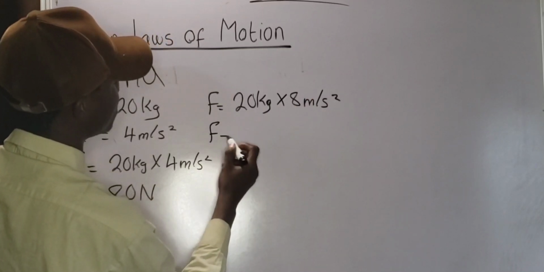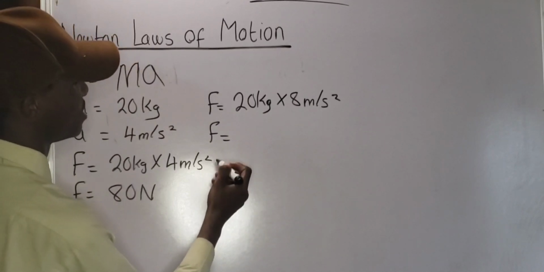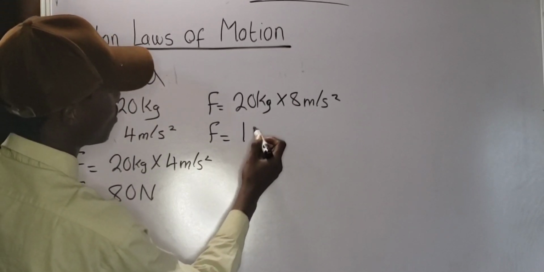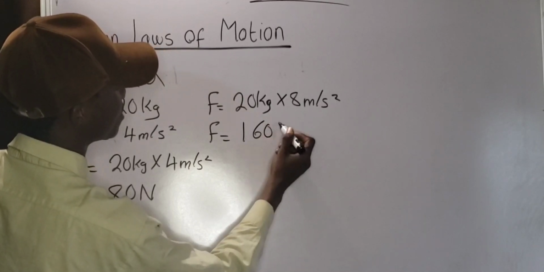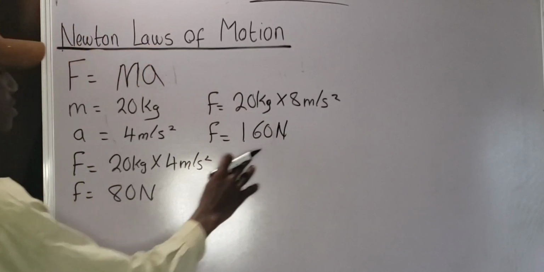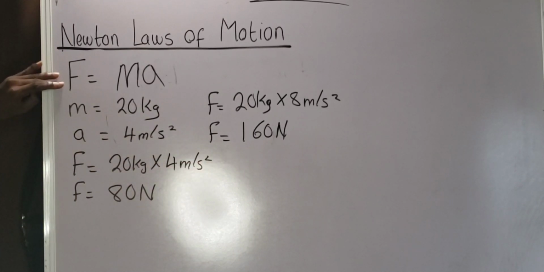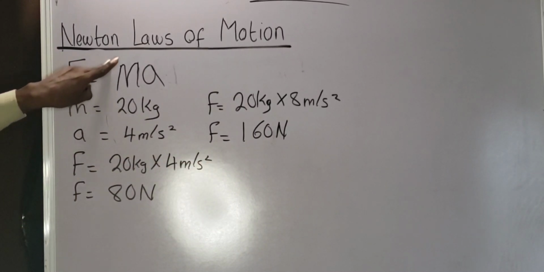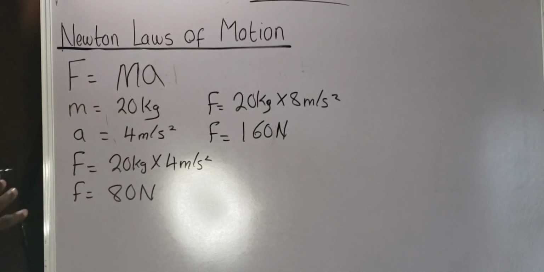So the net force is equal to what? 20 multiplied by 8 meters per second squared. That means I'm going to have 160 Newton. You can see that the net force is directly proportional to the acceleration. As the acceleration increases, what happens to the net force? The net force also increases.